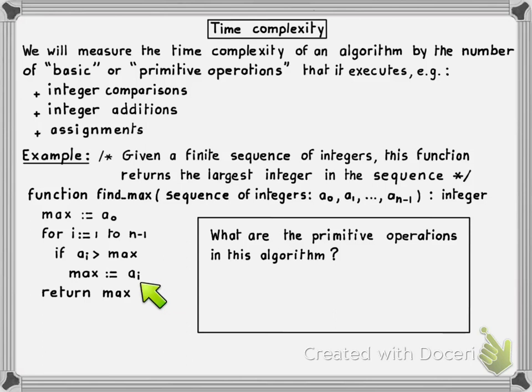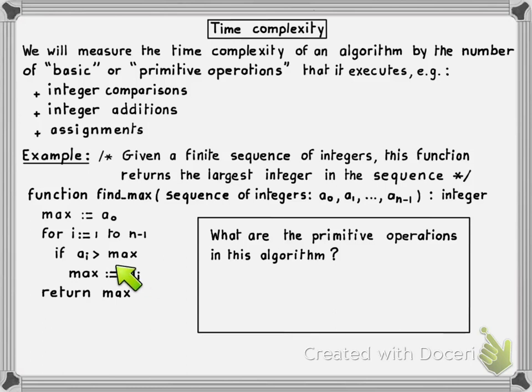So, how many times is this loop executed? Well, the answer is n minus 1 times. Now, every time you execute the loop, which instructions get executed? Well, besides the one in the loop itself, you have this comparison here and this assignment. Now notice, the comparison here is the only one that gets executed at every single iteration, because if the comparison is false, then the assignment does not get executed during that iteration.